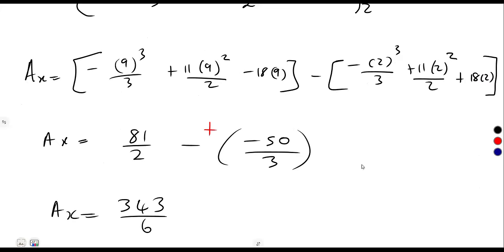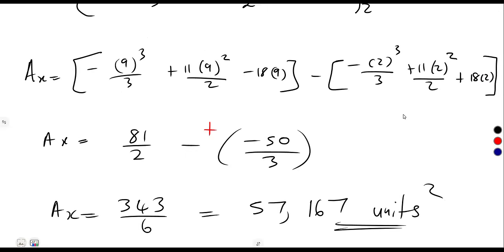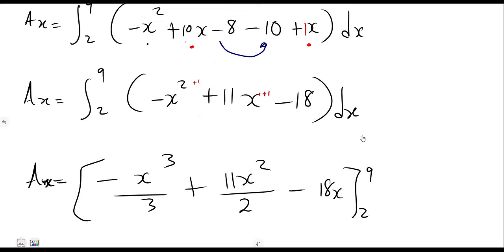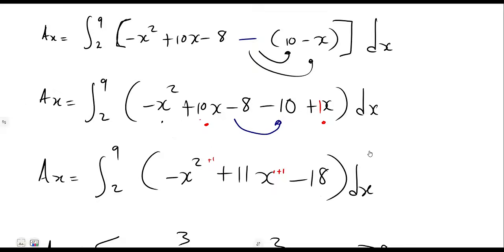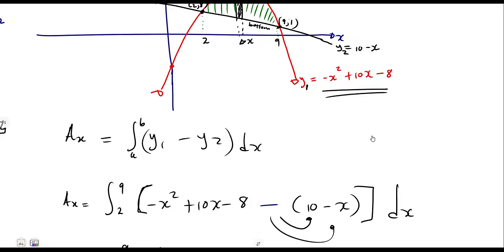So that's simply something like 57.167 square units. You're dealing with the area, in square units. So that is how you play around with this type, applying our area.